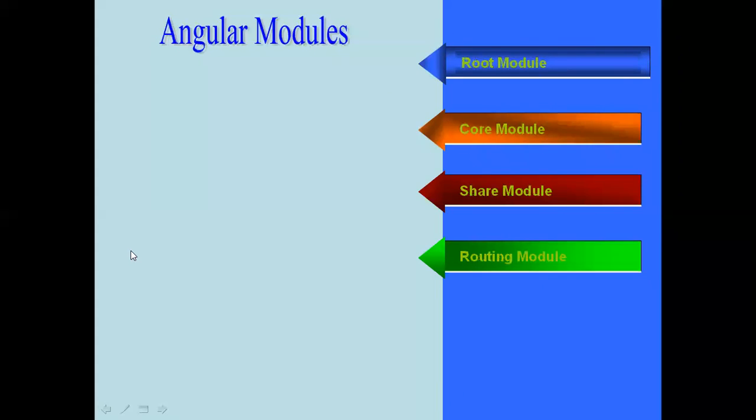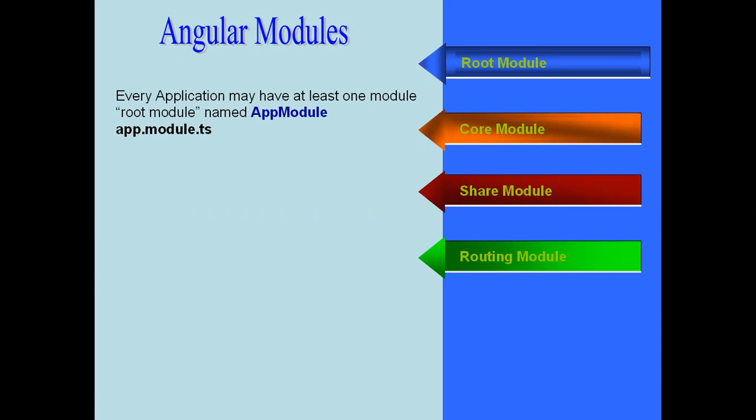So next is, okay, we are first talking about something I have already discussed, so we will just go through the definitions. Every application has at least one module, which is called the app module, or root module, and that class or file will be app.module.ts.